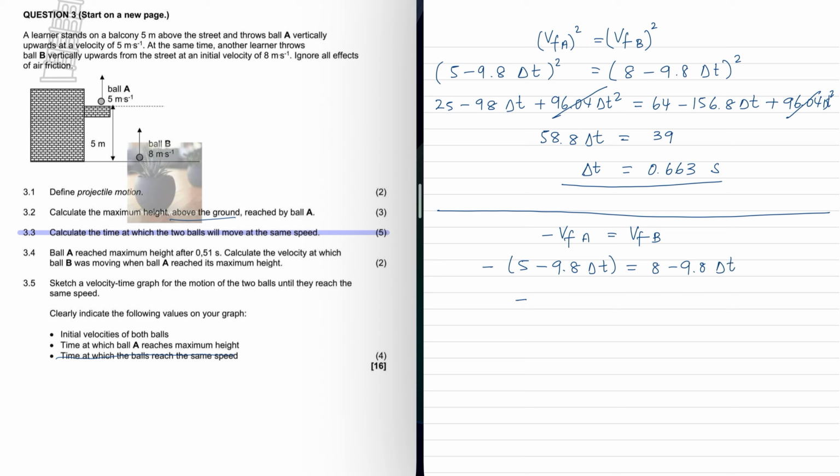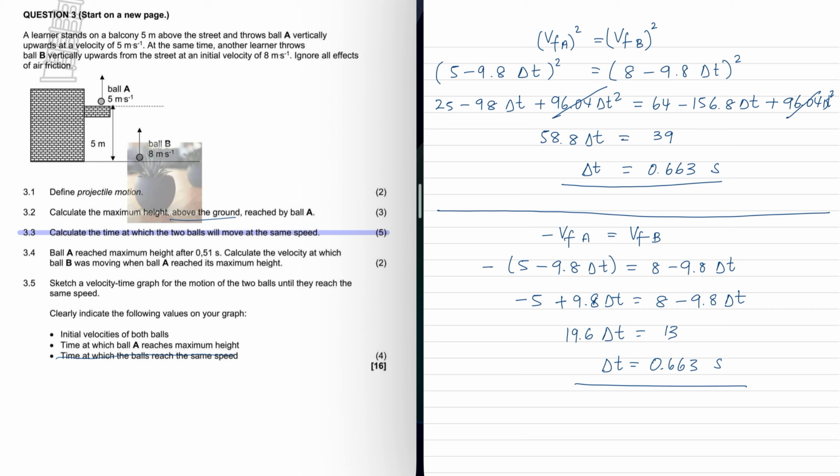You then simplify and get minus 5 plus 9.8 delta t is equal to 8 minus 9.8 delta t. Now the 9.8 delta t isn't going to cancel. So on this side you are going to have 19.6 delta t equal to 13. That means delta t is equal to, dividing both sides by 19.6, 0.663 seconds. So the same answer.